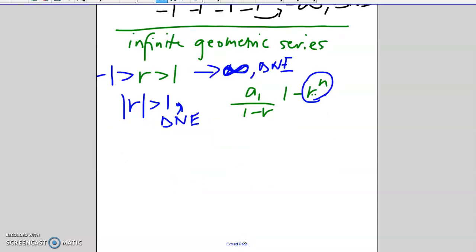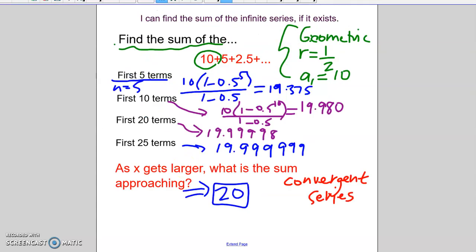Okay, so now for infinite geometric series, you can also have r values that are less than 1. So the r values here could be less than 1, and we saw an example of that in one of our cases here. Right?